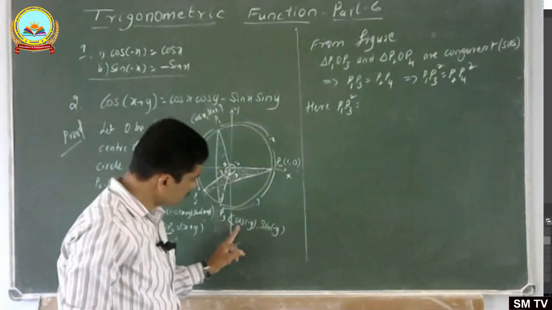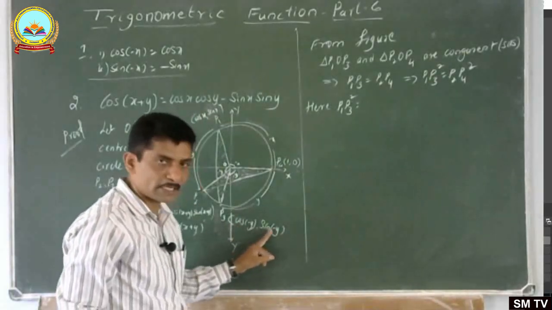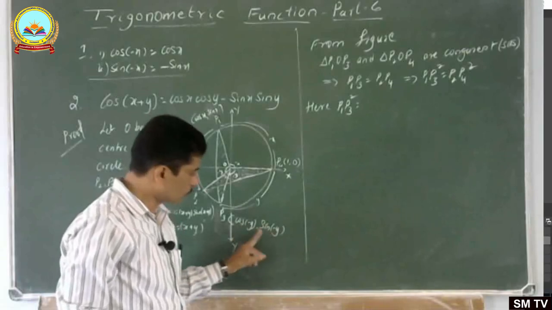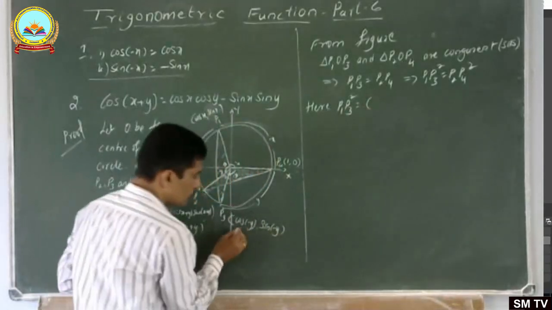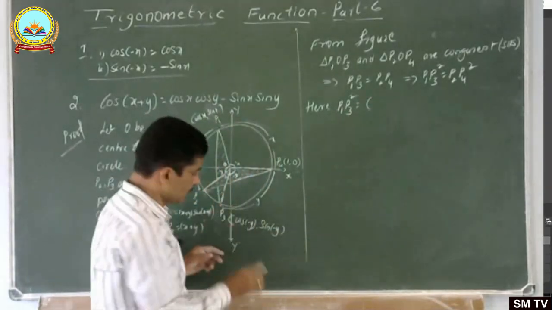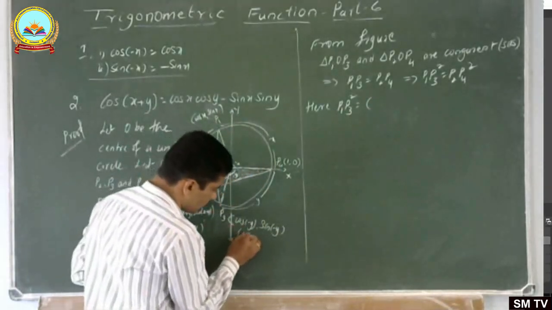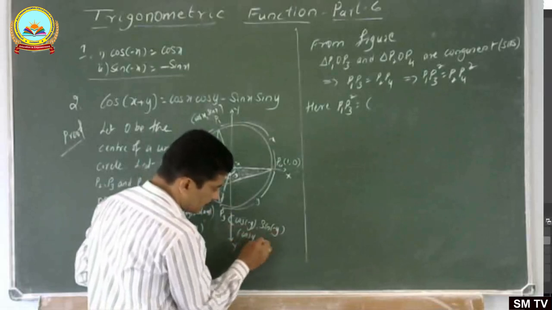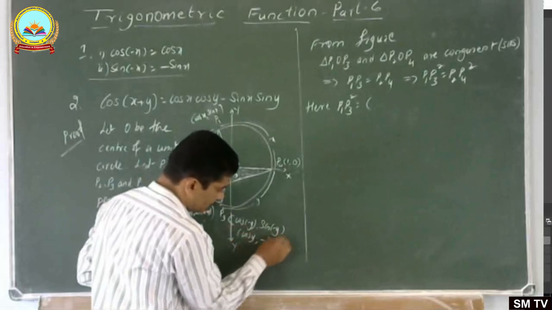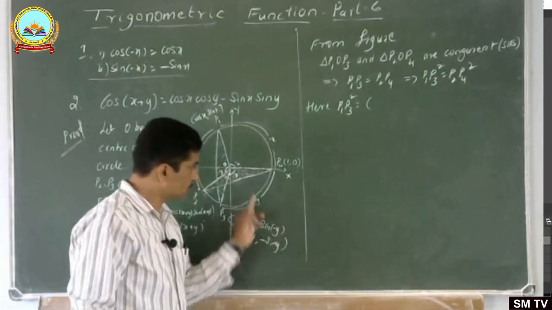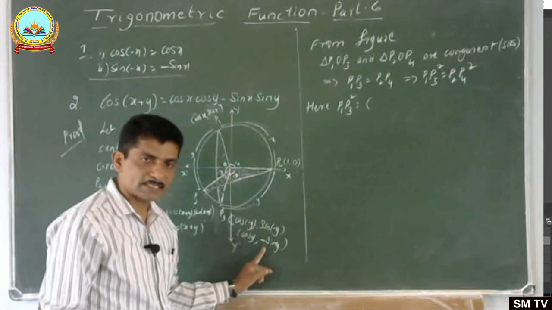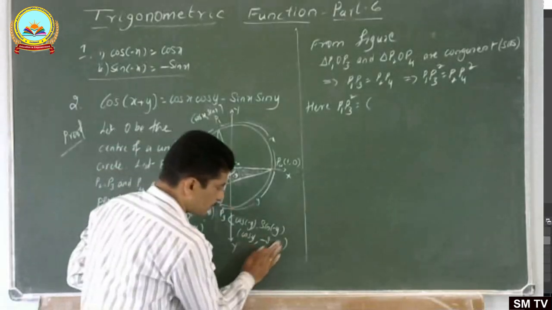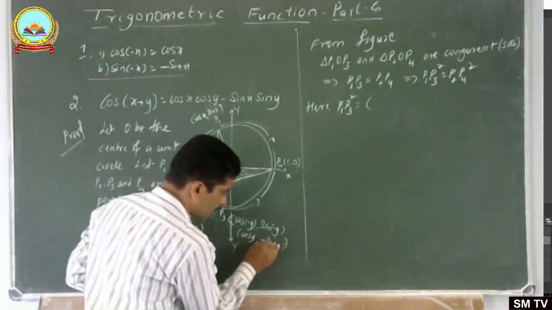What is P3? Cos of minus y comma sin of minus y, that is x2 comma y2. Using the first result, cos of minus y means cos y and sin of minus y means minus sin y. Therefore, this point is cos y comma minus sin y.